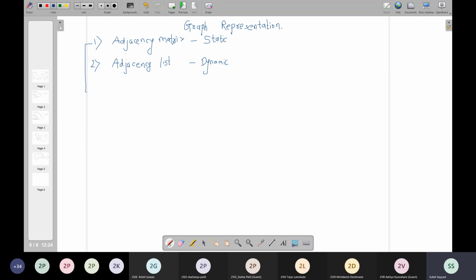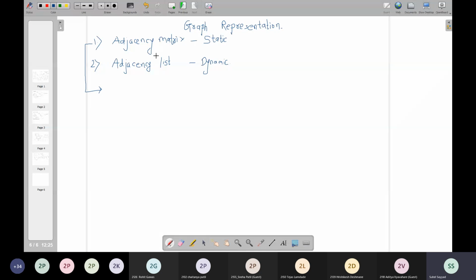So first let us discuss the adjacency matrix, or the static representation of our graph. Usually this representation tries to maintain the information about adjacent vertices. That's why the names given to these representations have the word adjacency in them.